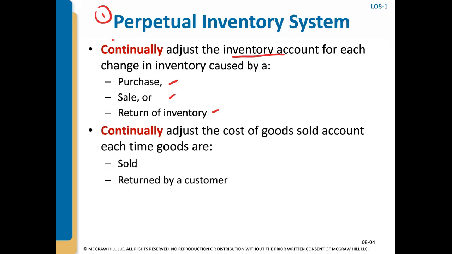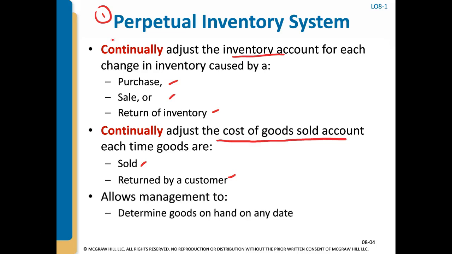So therefore, at the same time, for any inventory item that's sold or returned, the cost of goods account is also continuously adjusted. And this allows management to know how much inventory they have at any point on hand.